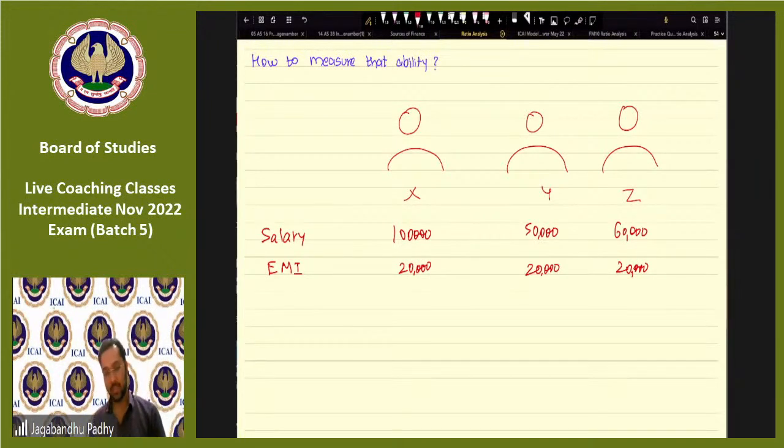Why do you say that X is having a lesser risk? Why do you think that X is having a lower amount of risk? Salary of 1 lakh, EMI of 20,000. Why do you feel so?